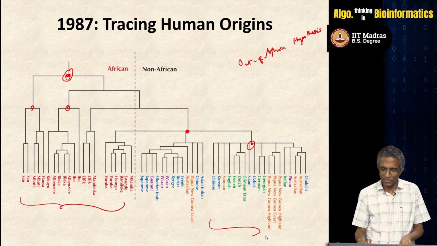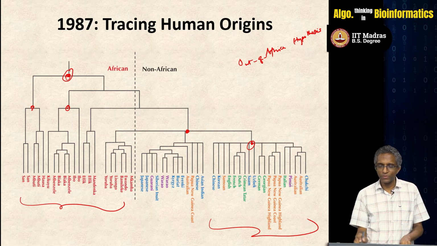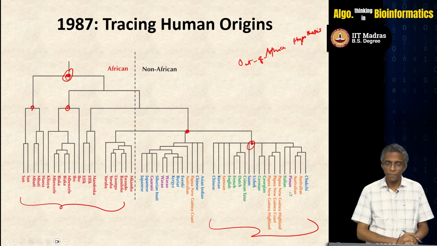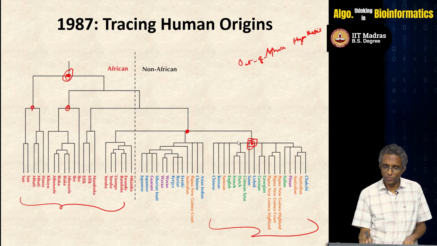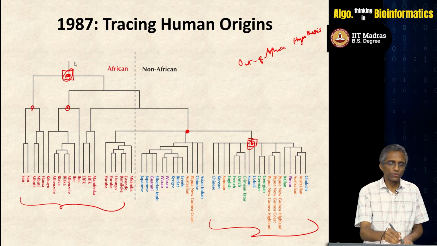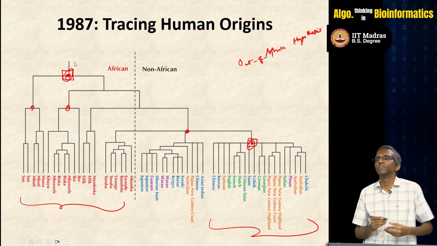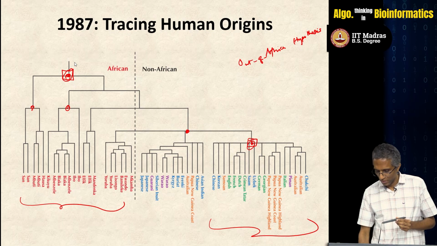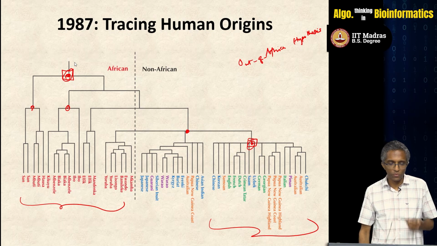So, the divergence in terms of sequence differences between the sequences from non-African populations is much smaller, and their common ancestors are more recent, and here you have much more diversity, so their common ancestor is placed at an older age. This suggests that the African populations have had more years to diverge.